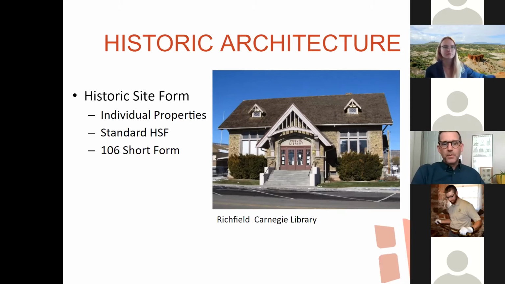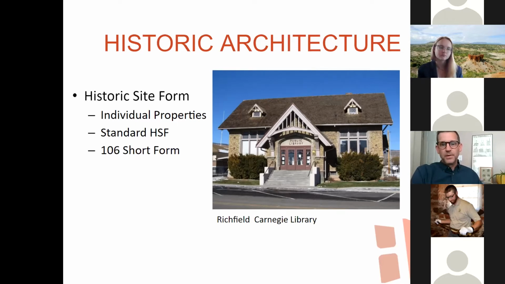This form does not require as much in-depth research. What it does provide me with, though, with the vast majority of compliance-related submissions, is enough information for me to be able to concur or not with your evaluation and determine whether the building is eligible for the National Register. So if you're an agency or CRM consultant, if you fill out this form and provide it to me for a federal or state compliance related review, I should have enough information for my review.